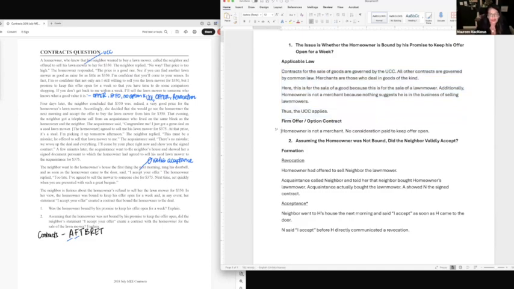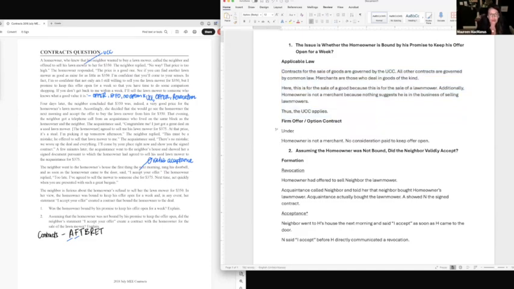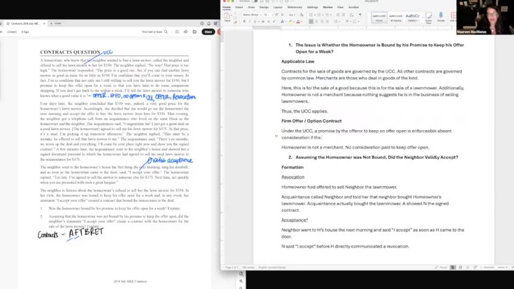Okay, firm offer option contract. This is definitely where the points are. Under the UCC, a promise by the offeror to keep an offer open is enforceable absent consideration if the offeror is a merchant. Sorry, I have to sneeze. Okay.